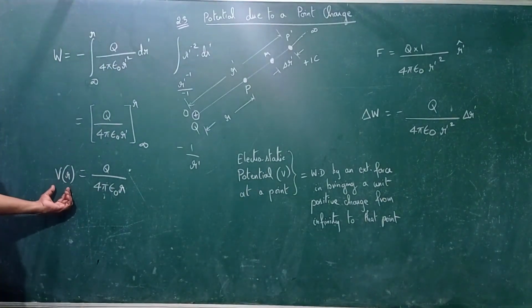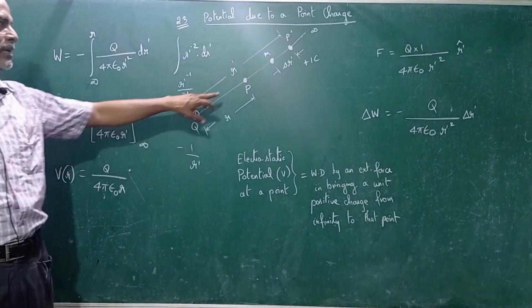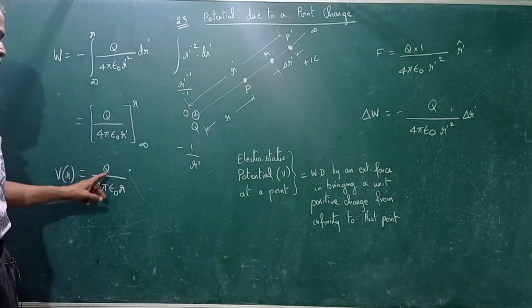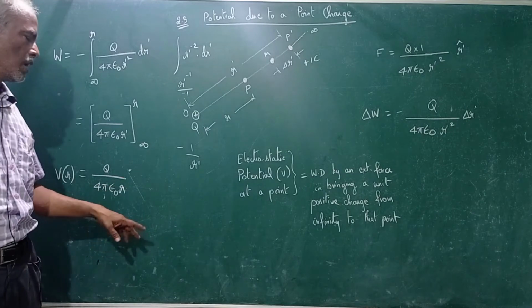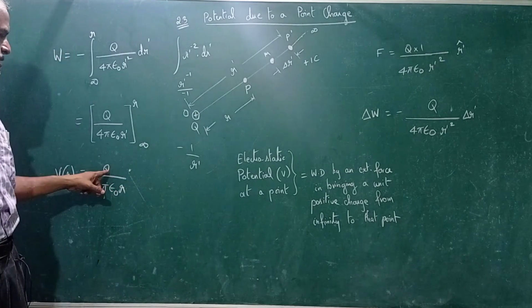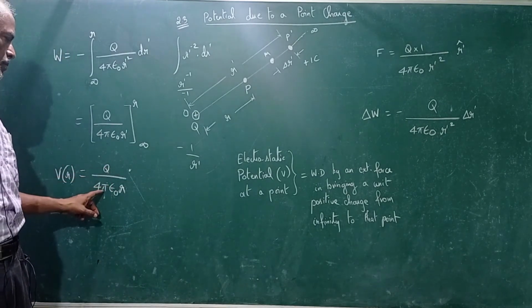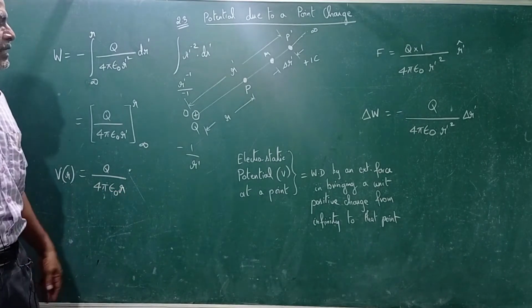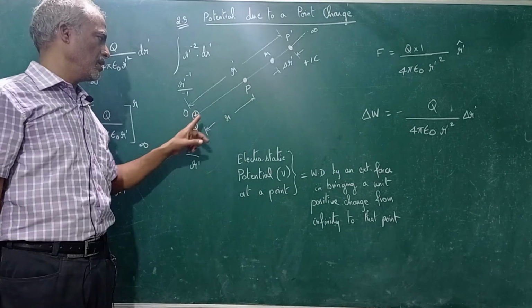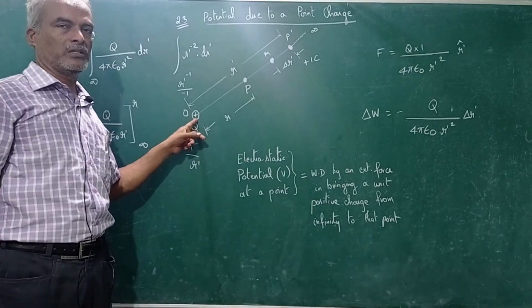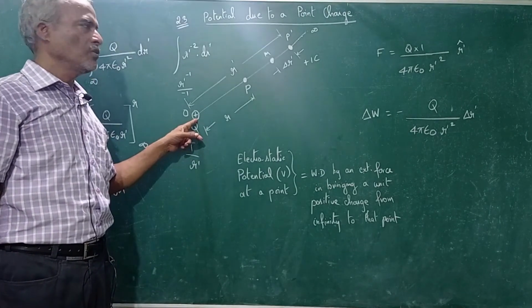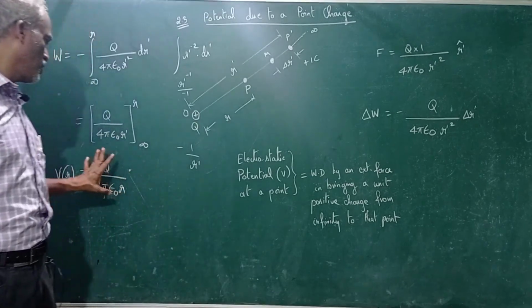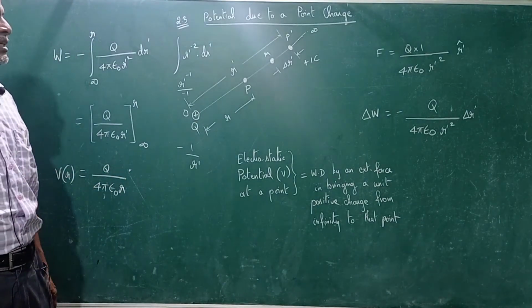So the electrostatic potential V at point P is given by q by 4 pi epsilon naught into r. Here q is the charge, and it and 4 pi epsilon naught are constant. It depends only on the distance between the point and the reference point, that is the origin. So if you know these two things, we can always find the potential.